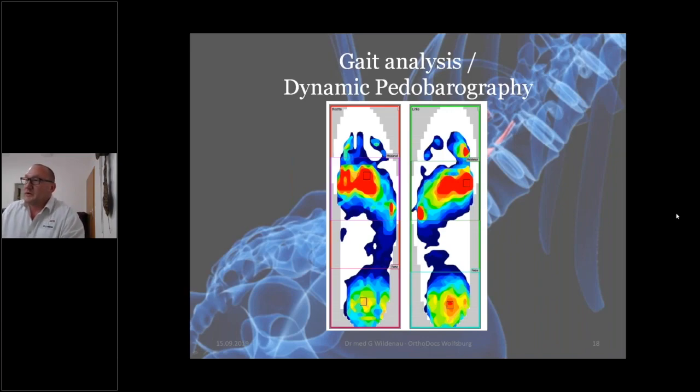That means we have 200 times more proprioceptors per square centimeter of muscle tissue in the first 2 segments of the cervical spine than in the rest of the body, which actually supports my theory that the entire body is actually reacting to the position of the head. But that, I think, is up to negotiation. In our practice, we do this at the end to see if there's still something to do for the feet.